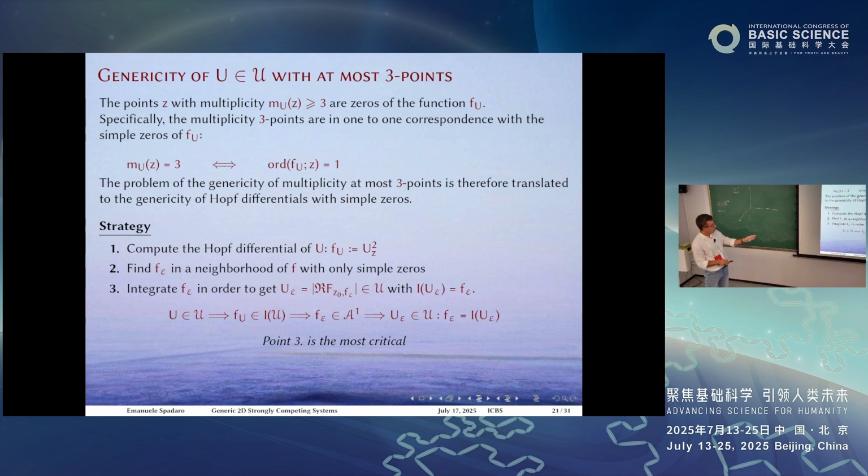So now if f epsilon is a little modification of f, integrating back to a solution, we obtain something which is close to U. So U epsilon close to U with only simple zeros in its Hopf differential, which means only 3 points. That's, in some sense, what we would like to prove. And I explained to you that not all holomorphic functions are good for this operation. So this one is really the critical point of this construction.